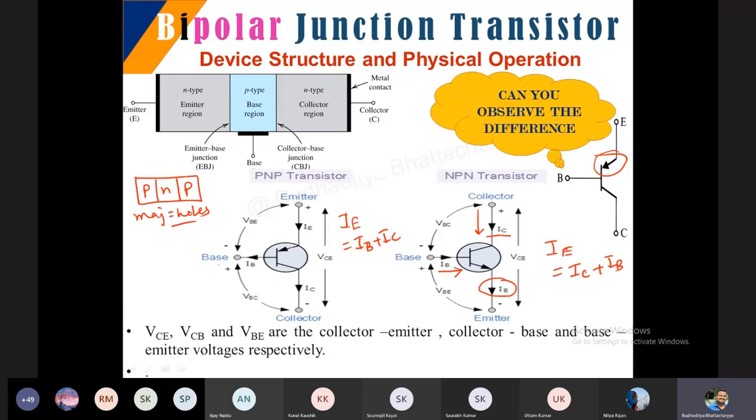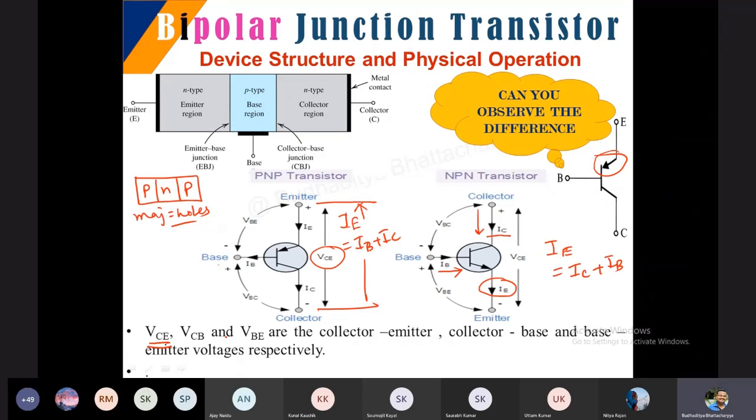Now, along with that, there are certain parameters which you also need to take care of. One parameter is called VCE, where CE stands for collector emitter output. What is collector emitter output? If you talk about the emitter over here and the collector over here, the difference of potential you are observing, mentioned here as VCE, is the difference between the emitter and the collector voltage.